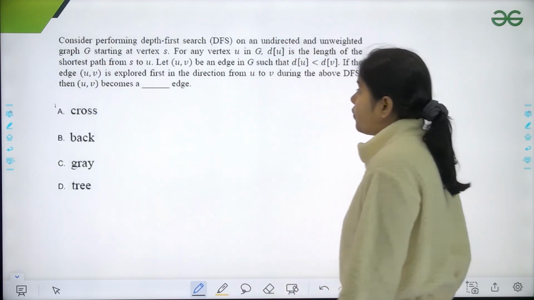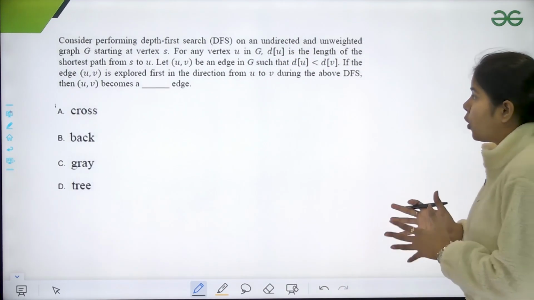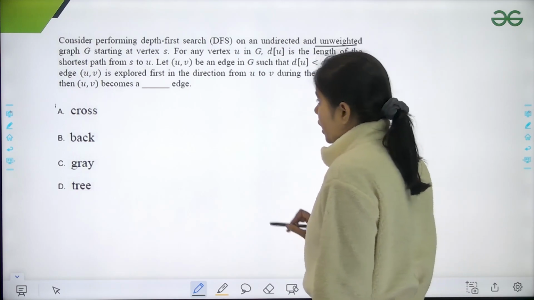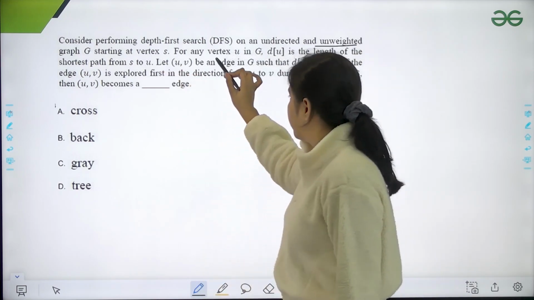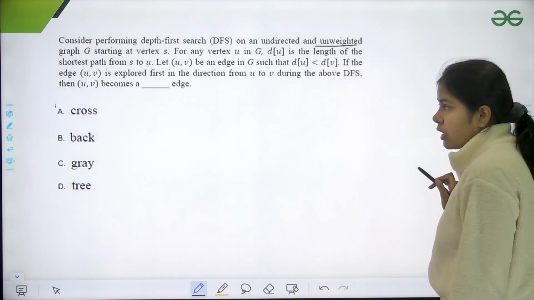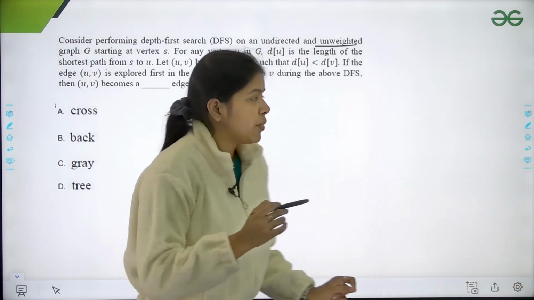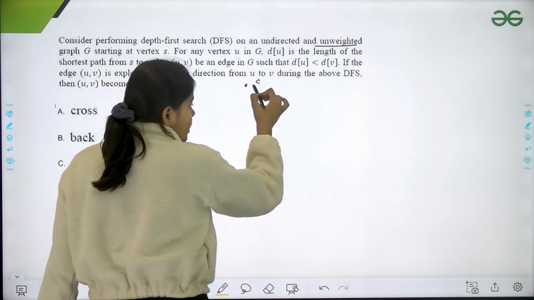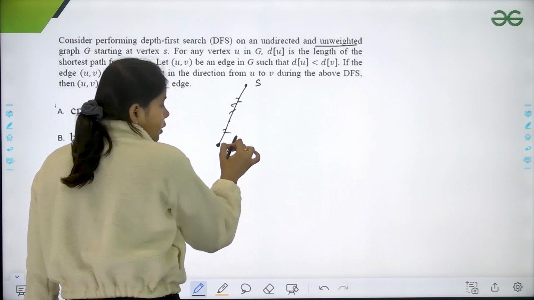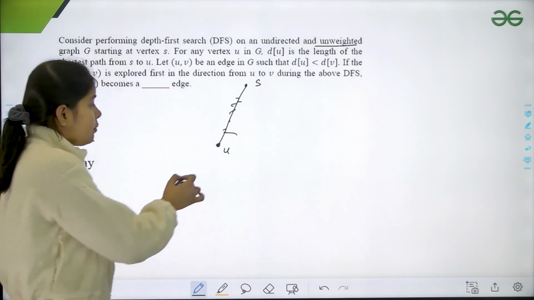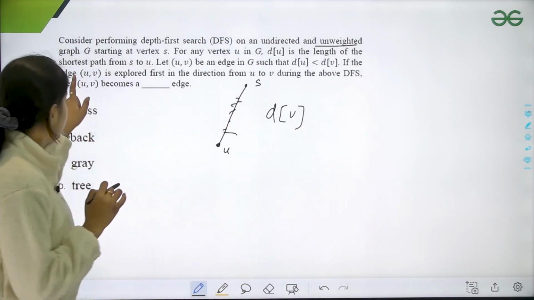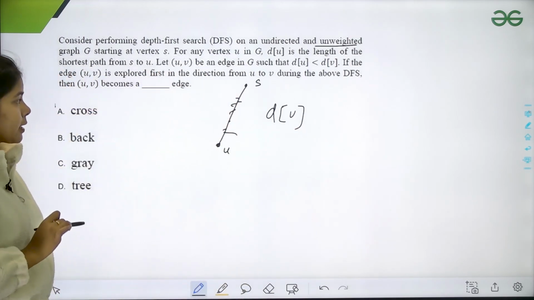Now, next question we have is, consider performing depth first search on an undirected and unweighted graph G starting at vertex S. For any vertex U in G, D of U is the length of the shortest path from S to U. That means, let's say I have started from S and we have reached U, and there are some vertices in between, then D of U denotes the length of the shortest path.